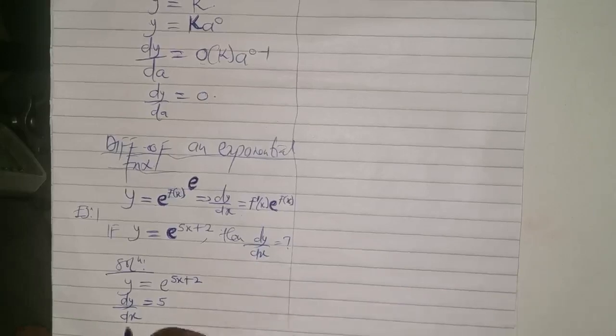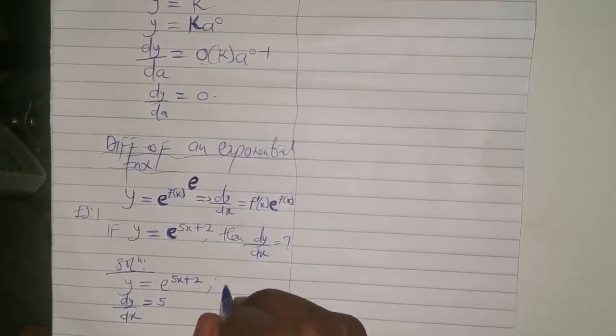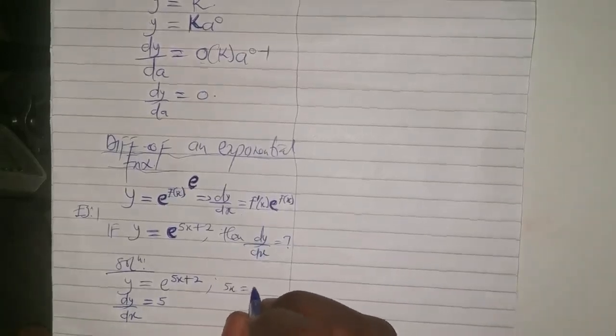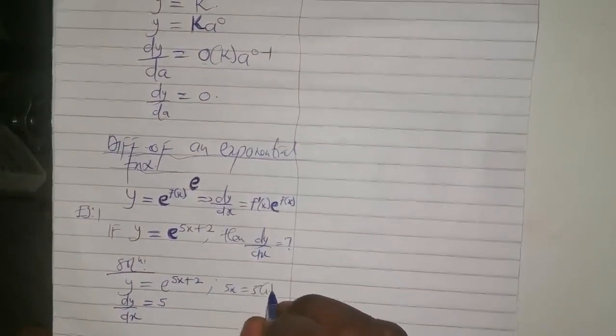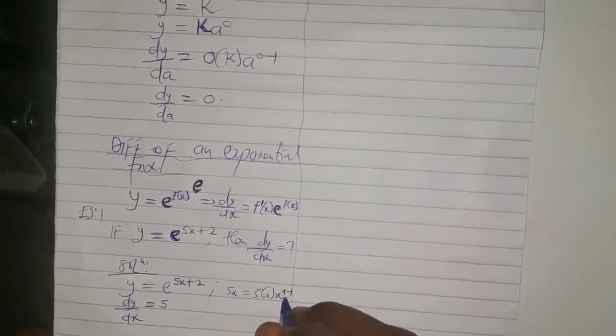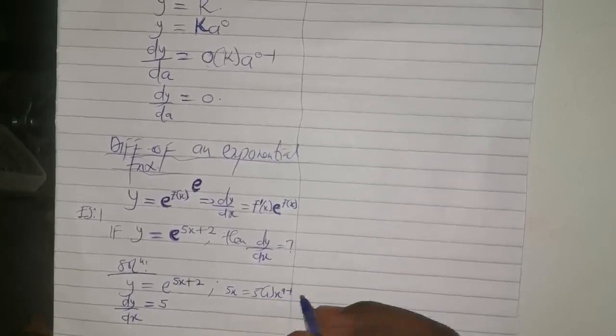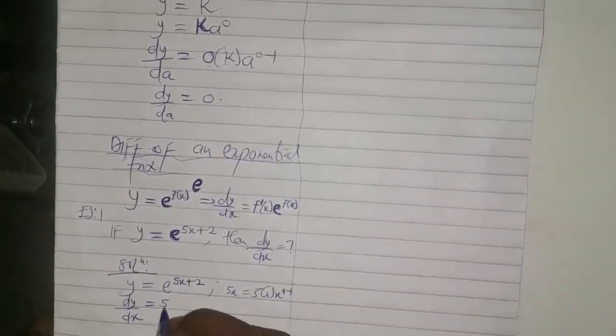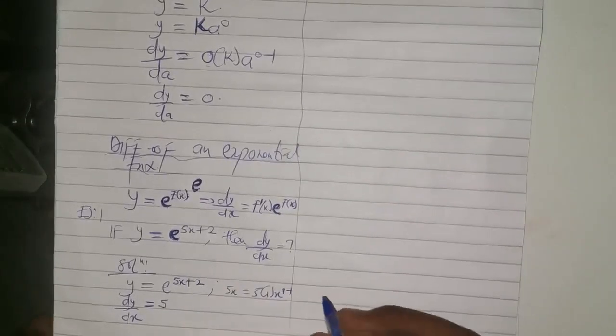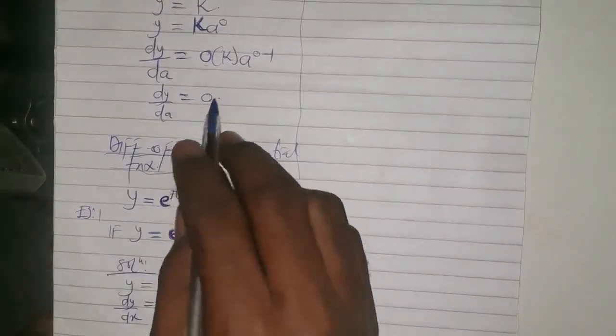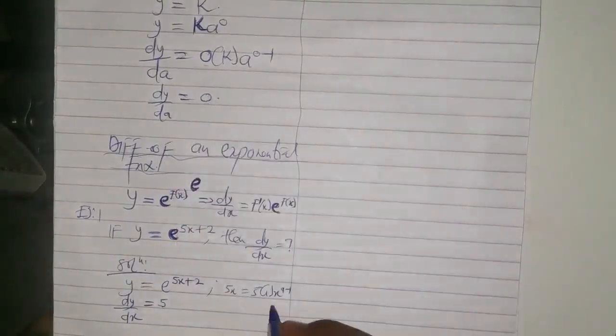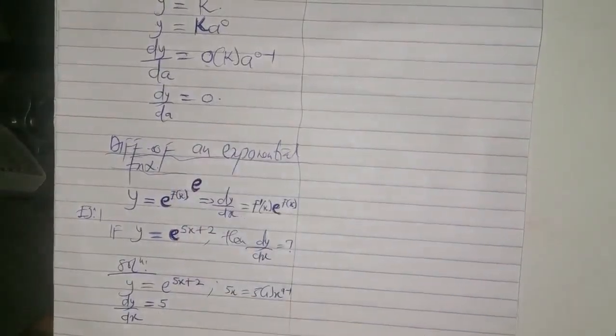Let me do that working here. It becomes 5x, which is 5, then multiply by 1, then x to the power 1 minus 1, which gives 0, and x raised to power 0 is 1. So it becomes 5, right? When you differentiate a constant, we said anytime you differentiate a constant, you get 0. So 5 plus 0 is 5.